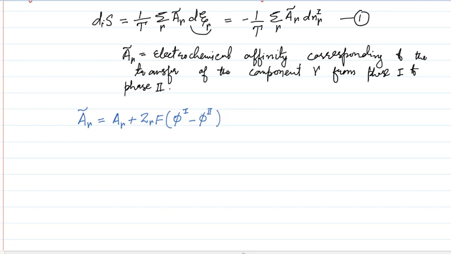These phi 1 and phi 2 are simply the potentials of phase 1 and phase 2 respectively.